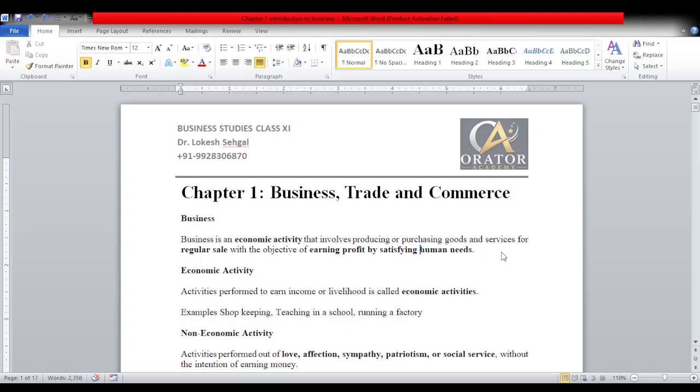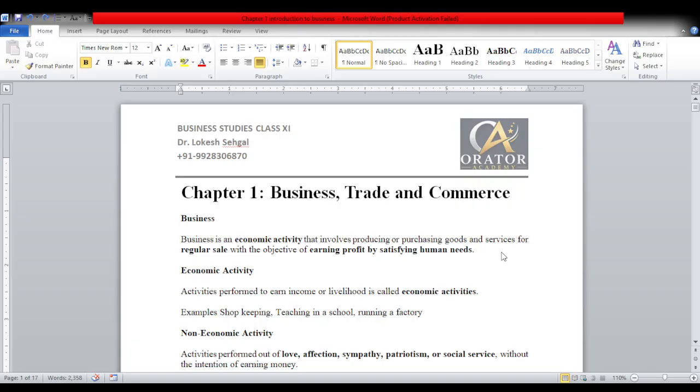Once the supplier or producer invests their money and resources, in return they get money from the customer after selling the produced product or services, and they earn their profit, their sales, their revenue. So economic activity is related with earning a livelihood and income.